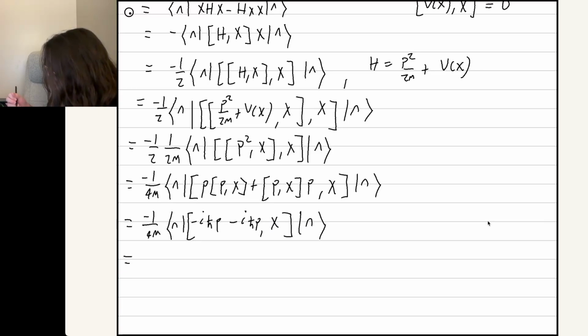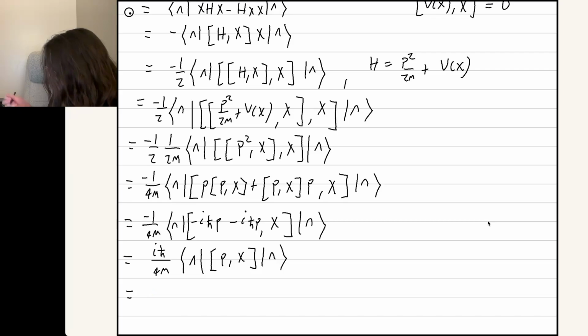Then we can factor out a factor of 2 i h bar, so it'll just be i h bar over 4m there. And it's the expectation value of the commutator of p with x, which is also just minus i h bar.